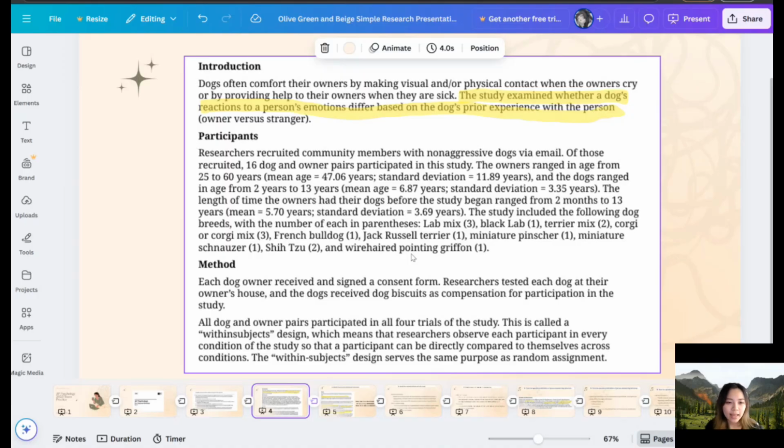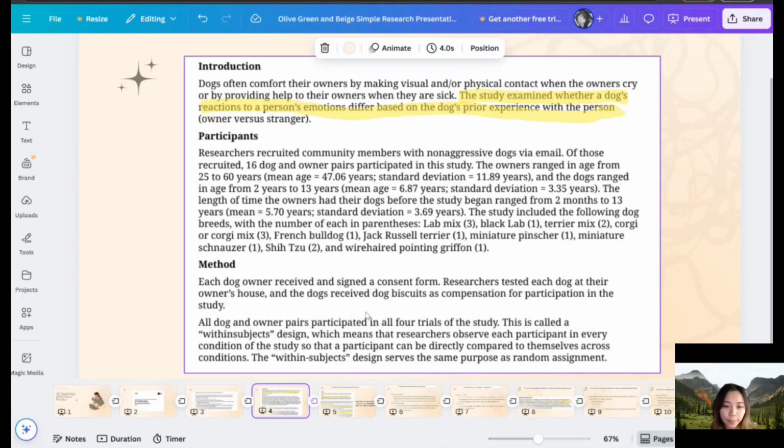Okay. The method is a long paragraph, but it is also really important for you to read. So for this study, each dog's owner received and signed a consent form. Researchers tested each dog at their owner's house, and the dogs received dog biscuits as compensation for participation in the study.